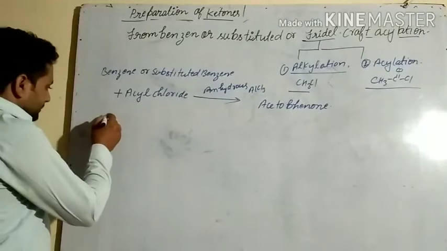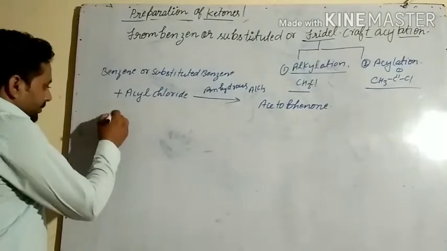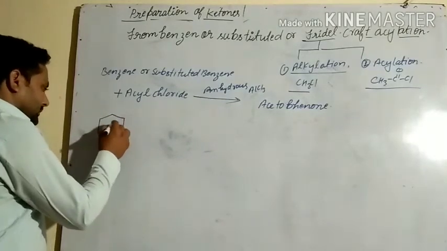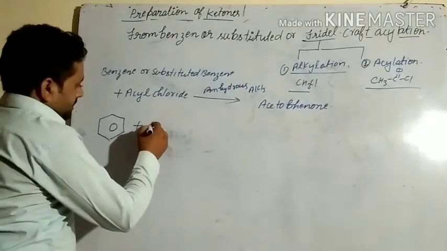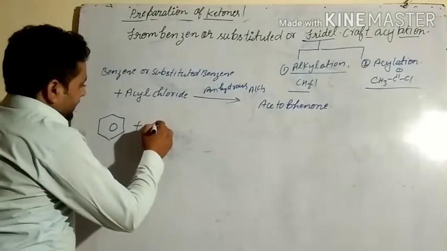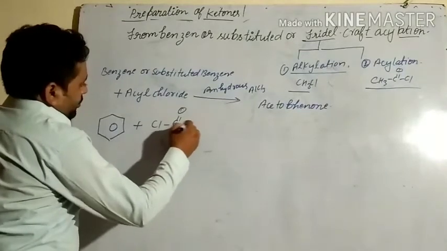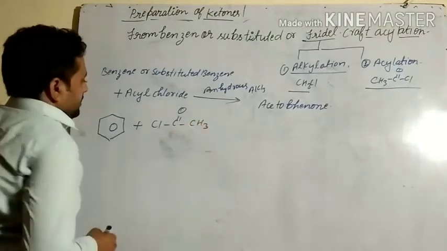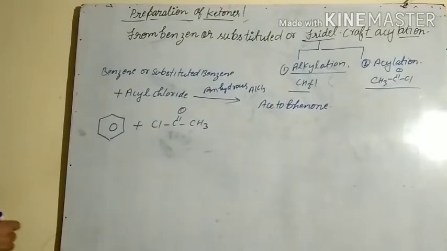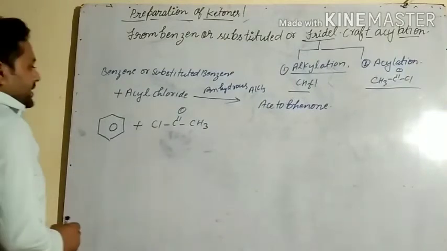So here benzene plus, I can write like this, ClCOCH3, that is acetyl chloride or acyl chloride, we say.